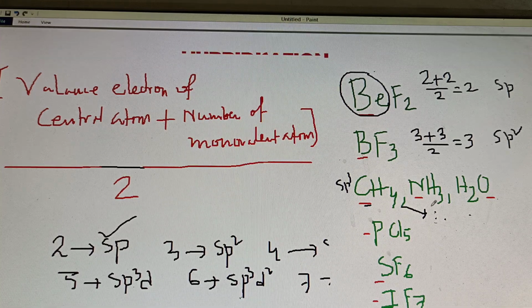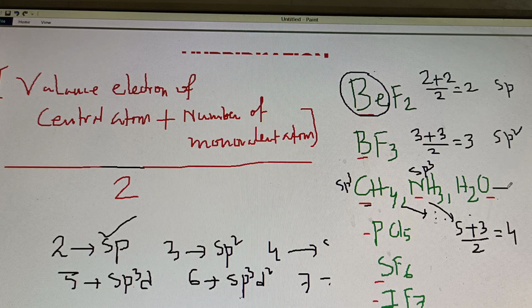So for ammonia, 5 plus 3 hydrogens attached, divided by 2, equal to 4, that is sp3. Clear? For water, 2s2 2p4, that is 6 valence electrons plus 2 hydrogens attached, divided by 2, equal to 4, that is sp3 again. Clear?